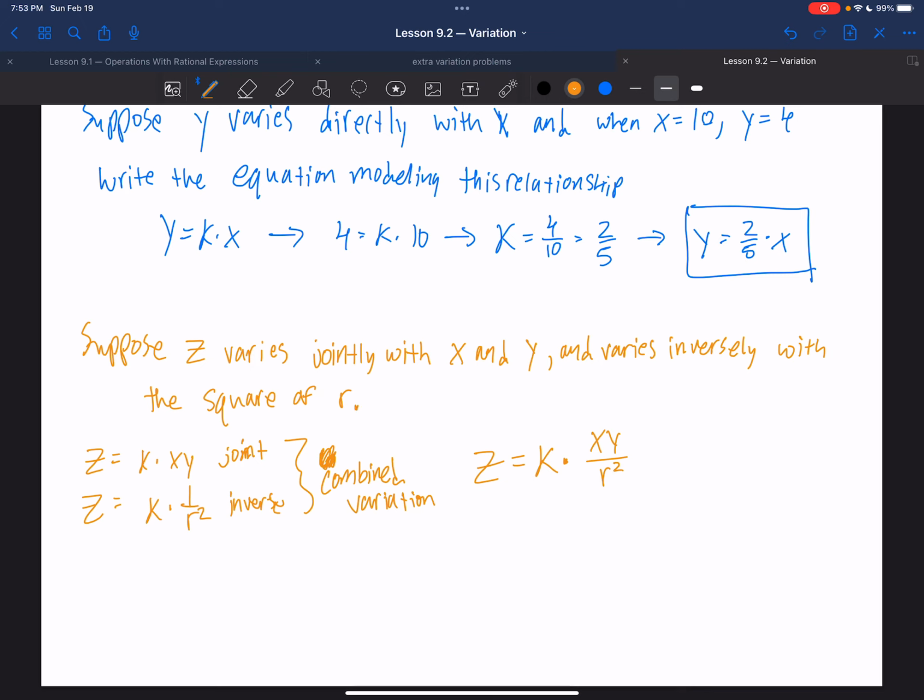And maybe I say find z, or write the equation again, right? Write the equation if when x equals 10, y equals, no, I don't like that, I want to say 4.